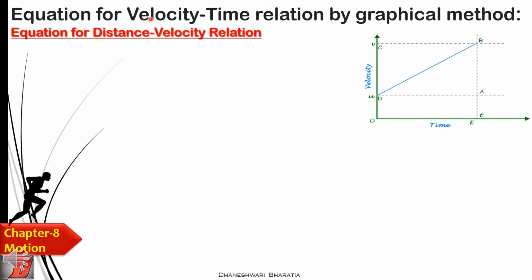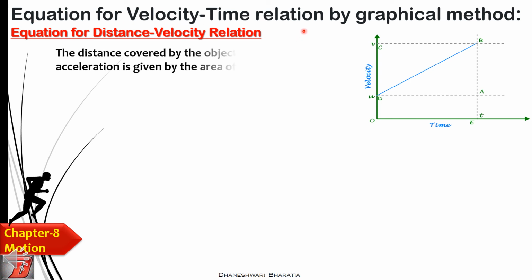Here we will be finding the equation for the distance velocity relation. We know that the distance covered by the object moving with uniform acceleration is given by the area of trapezium. आगे भी हमने यही पढ़ा है कि ये जो ट्रेपेजियम का एरिया है वही एरिया है the distance traveled by the particular object.